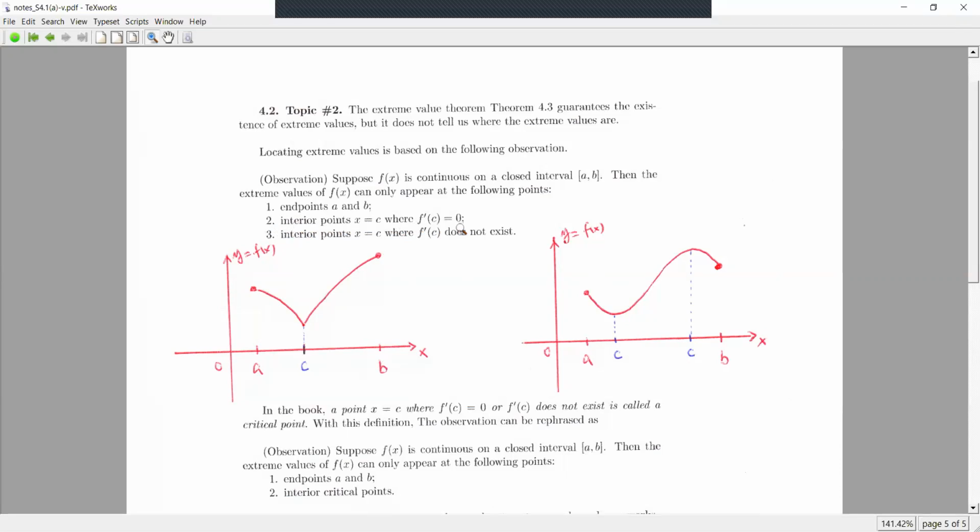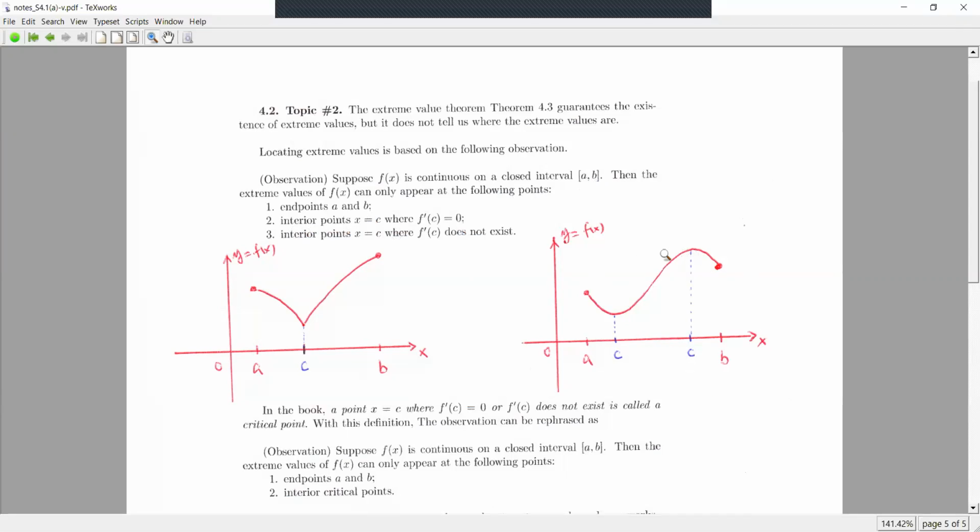Derivative is the slope of the tangent line. So that means where the tangent line is horizontal. An interior point is a point that is inside the interval between A and B. An example, say here, look at this curve.